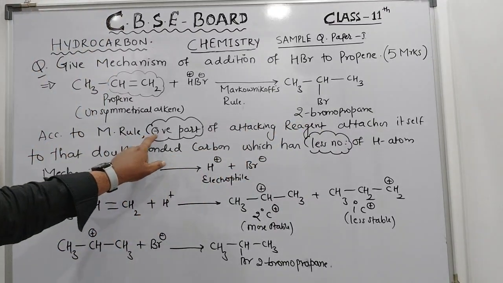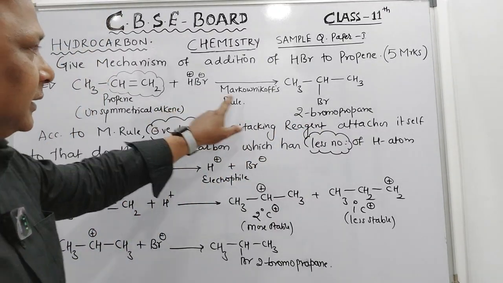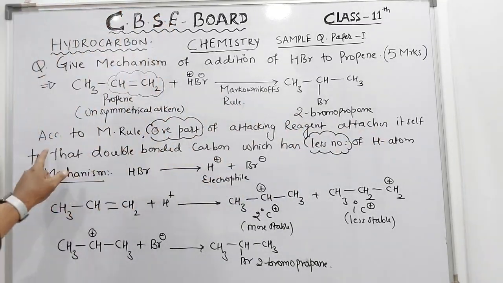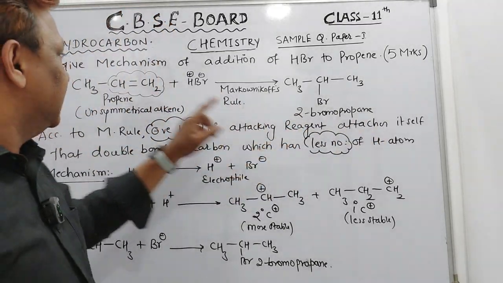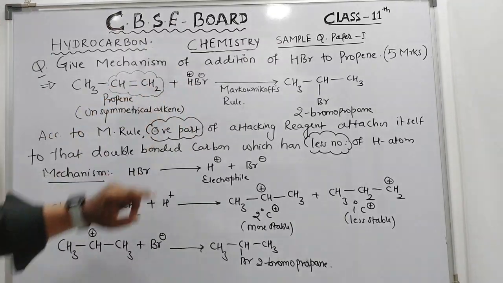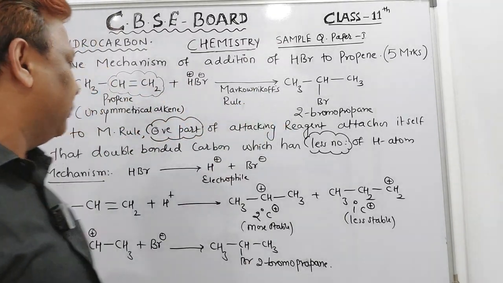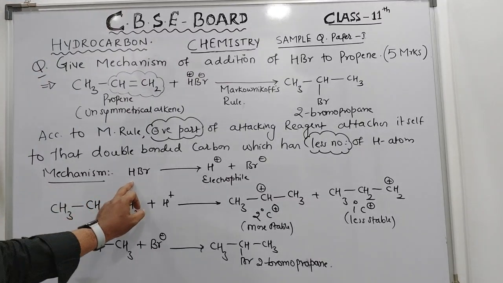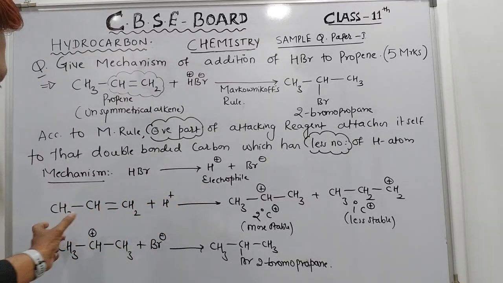According to Markownikoff rule, the negative part of the attacking reagent attaches itself to that double bonded carbon which has less number of hydrogen. Means negative will attack here, positive will attack here, and we get this 2-bromopropane. Mechanism means HBr produces electrophile.